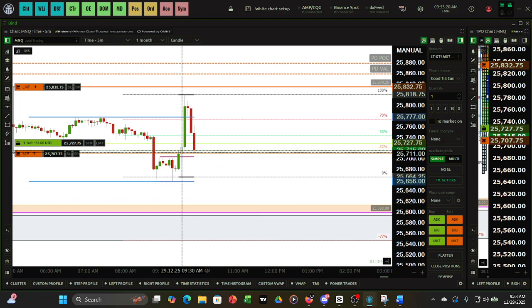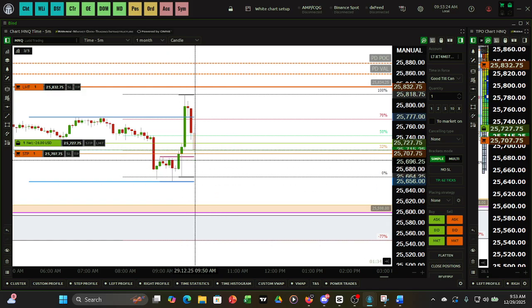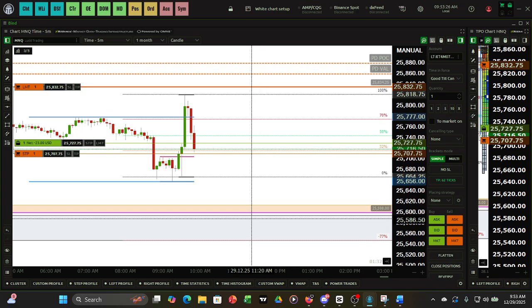Using the body of this first 5 minute candle, see if it wants to hold, because if it goes down past there, it's going to go down this way anyway.